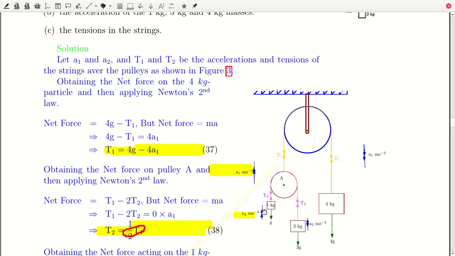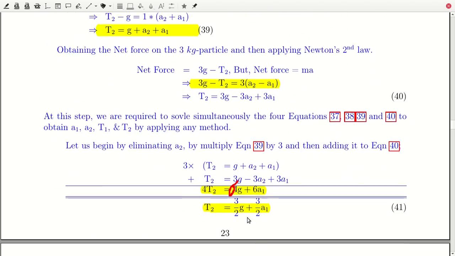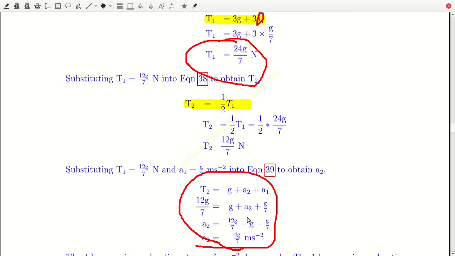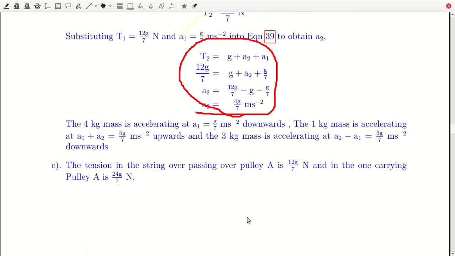Then the 1 kilogram mass will accelerate at a value of A1 plus A2 upwards. If we add A1 plus A2, I got 5g over 7 meters per second squared. The 3 kilogram mass will accelerate downwards at a value of 3g over 7.